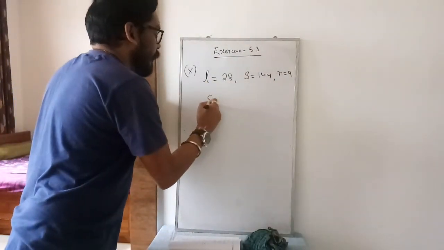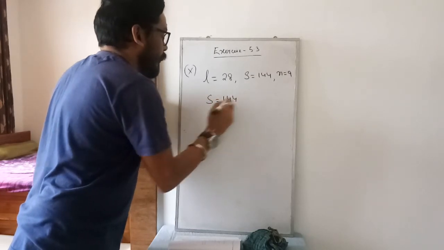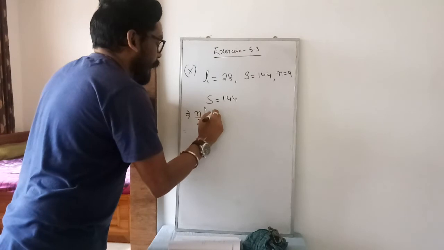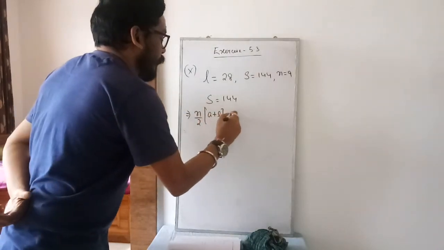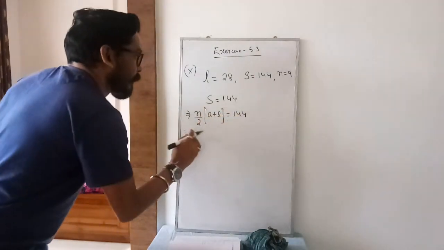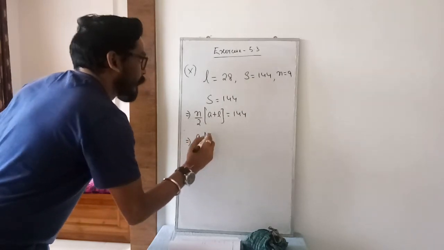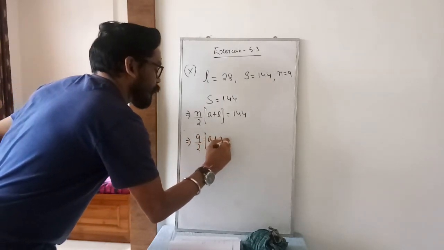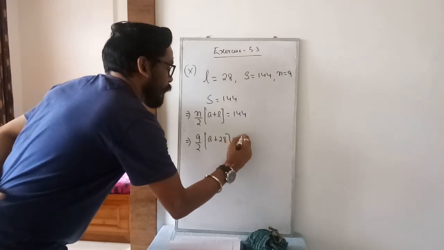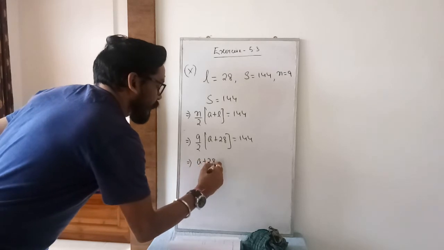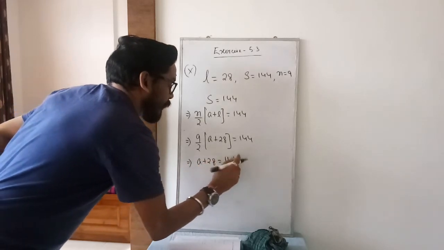As you know, S is 144. The S shortcut formula is n by 2 into (a plus l) equal to 144. Your n is 9 here. a is not known to you, l is 28, S is 144. 9 by 2 will go on the other side and it will become divide.